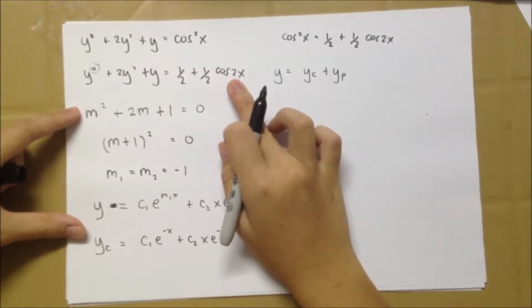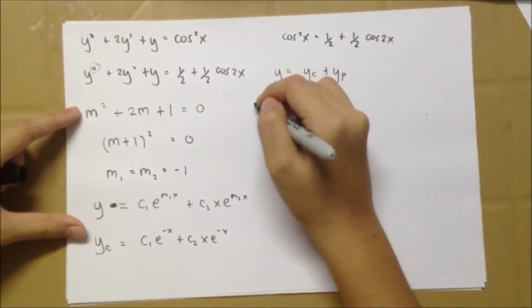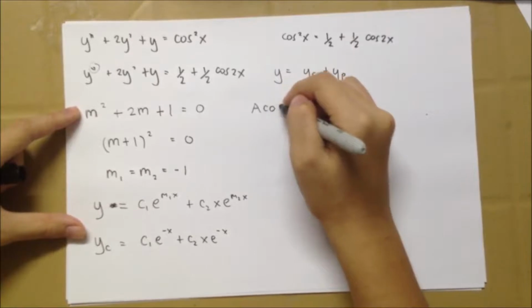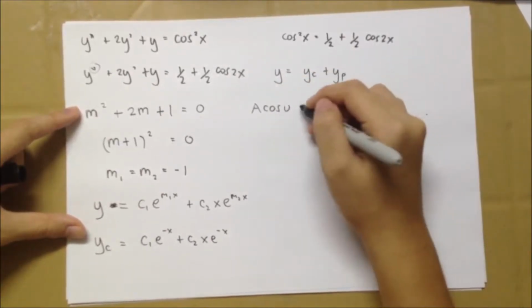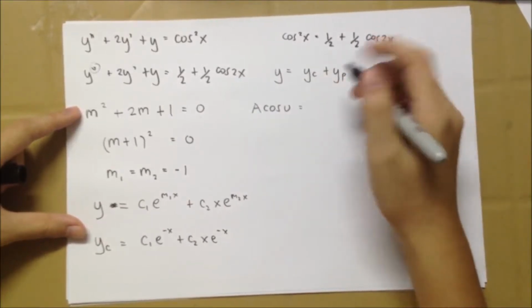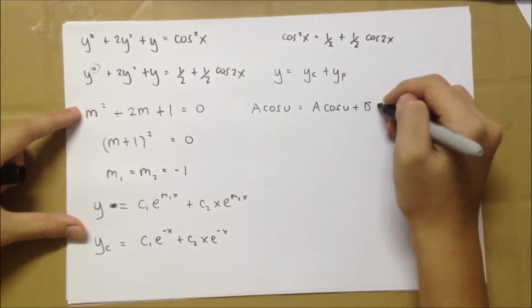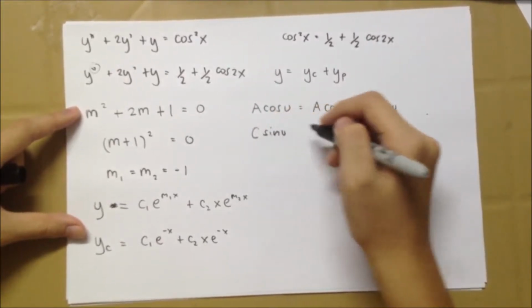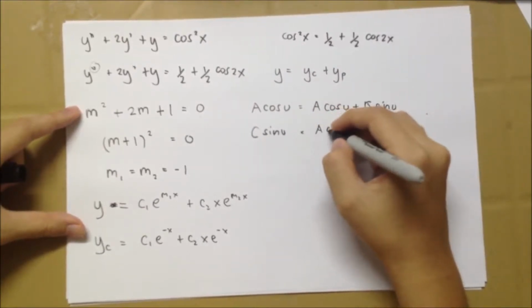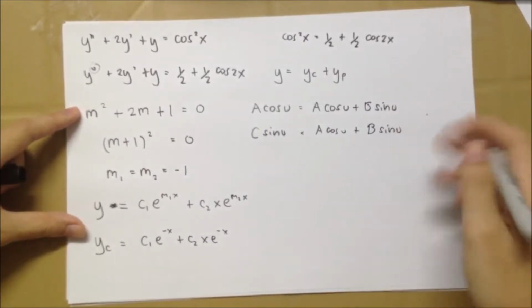According to our differential equation book, if we have a form like a constant times a cosine function, say of u, the form of our yp will be a cosine of u plus b sine of u. Even if this will be c sine of u, this will still be a cosine of u plus b sine of u. That's the form.